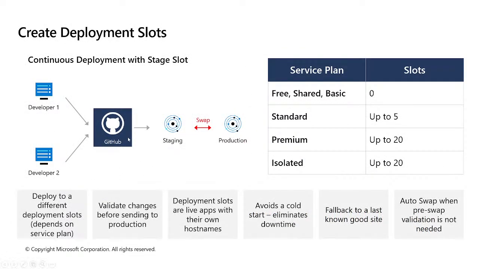I've been talking about slots. Depending on the kind of plan you've selected, you can have up to 5 slots, and you name them based on the environment, such as dev, QA, test, prod, or stage, whatever names you want.